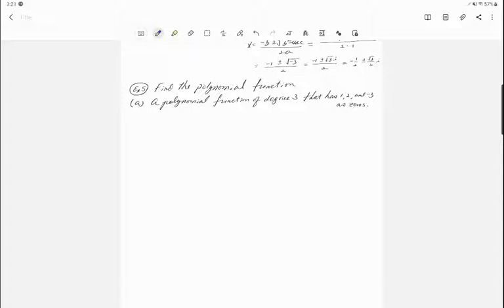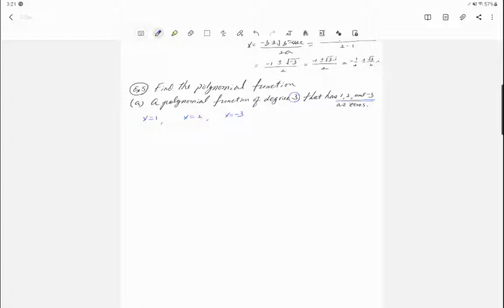All right, let's find a polynomial function this time. The polynomial function has a degree of 3, so n is 3, and there are 3 zeros: x equals 1, x equals 2, and x equals negative 3.